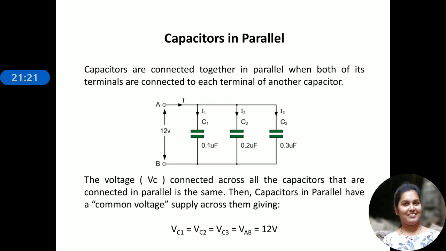The same applies to the bottom plates of C1, C2, C3. It is the same as if three sets of plates were touching each other to form one large single plate, thereby increasing the effective plate area in meter square.